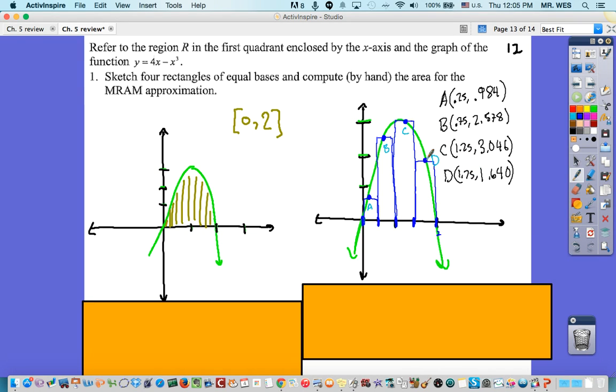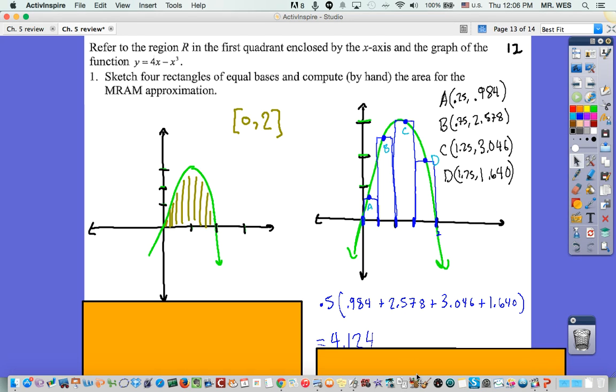I used the table function in my calculator to get the y values here, or the heights of the rectangles. So then after I found out these points, I said this rectangle is 0.5 times 0.984. This is 0.5 times 2.578, 0.5 times 3.046, and 0.5 times 1.640 to find the area estimated with the MRAM.